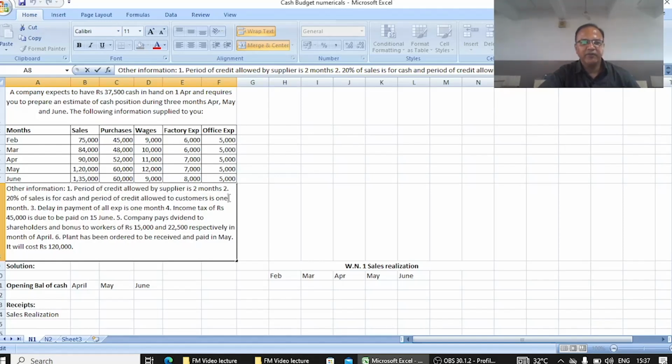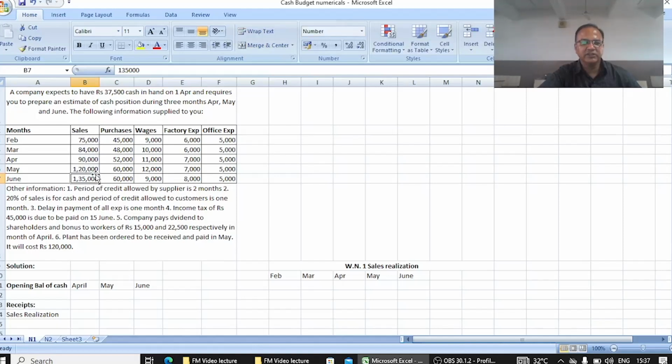It means 20% of sales is made on a cash basis.